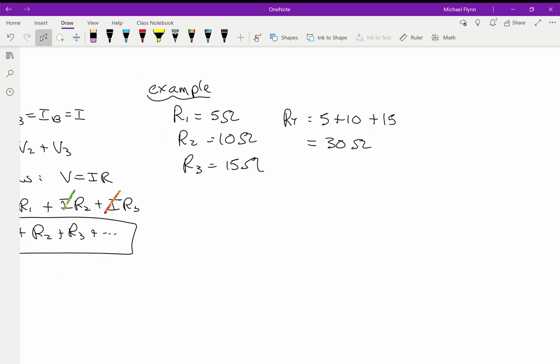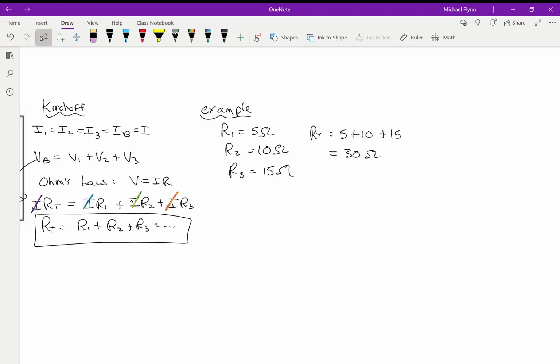Now I could give you some more data. What if the voltage in the battery was equal to 45 volts? If that's the case, then what is I? What is the current equal to?